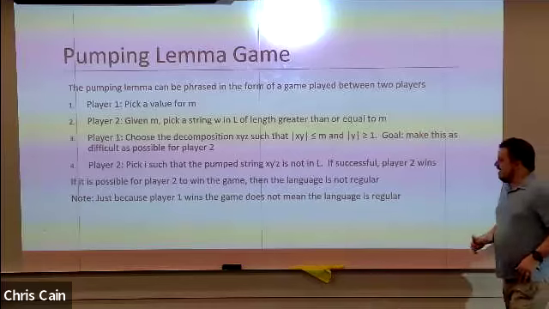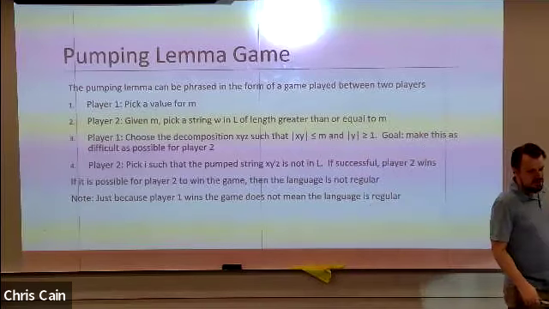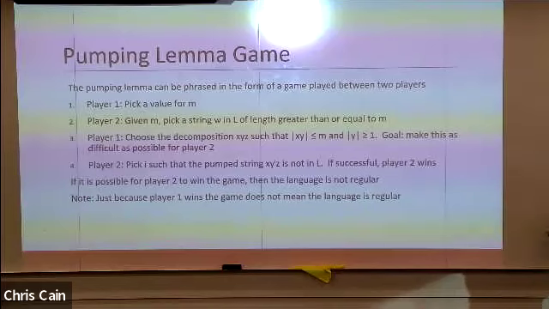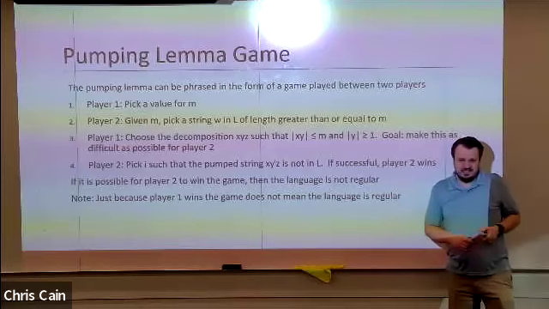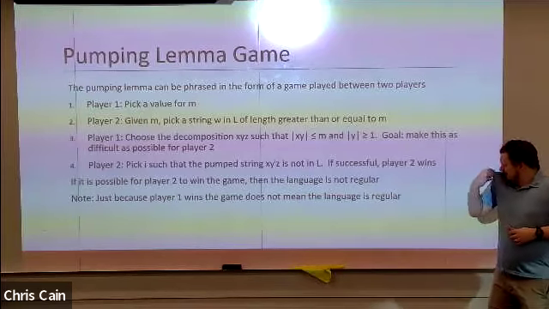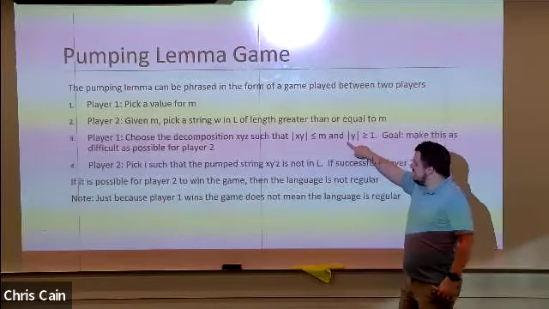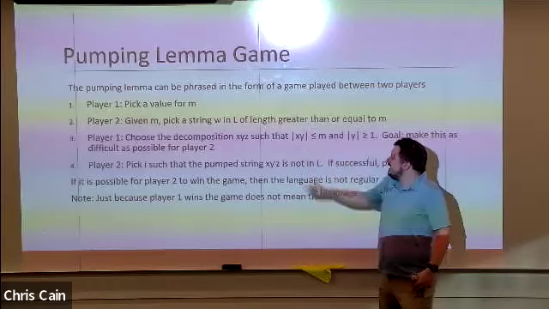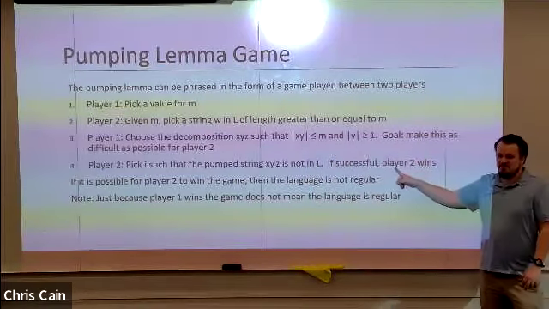Player two will say, all right, given that number of states, I'm going to intelligently, this is a tough problem, you have to choose the right string. Pick a string in the language of length greater than or equal to M. Not just any string. A string that is going to pigeonhole player one into breaking this down in such a way that this is possible.